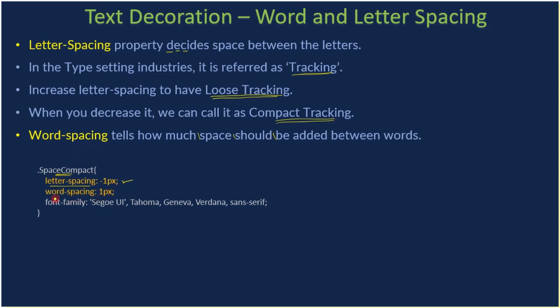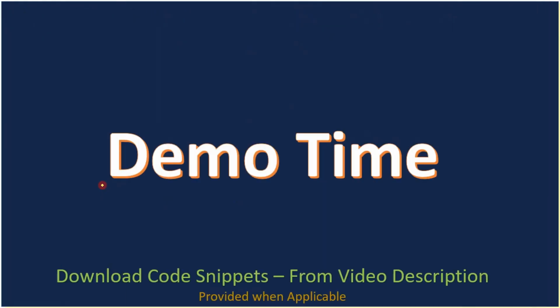Here we have an example, word spacing of 1 pixel. Right? So we have tight word spacing as well as letter spacing, and if you want loose spacing, then you can increase these two. Let's go to the demo and experiment it.